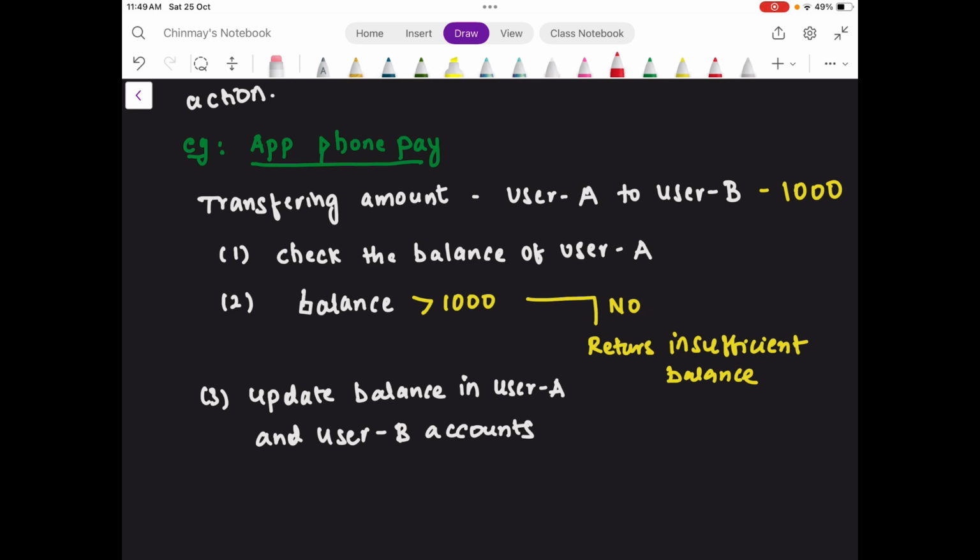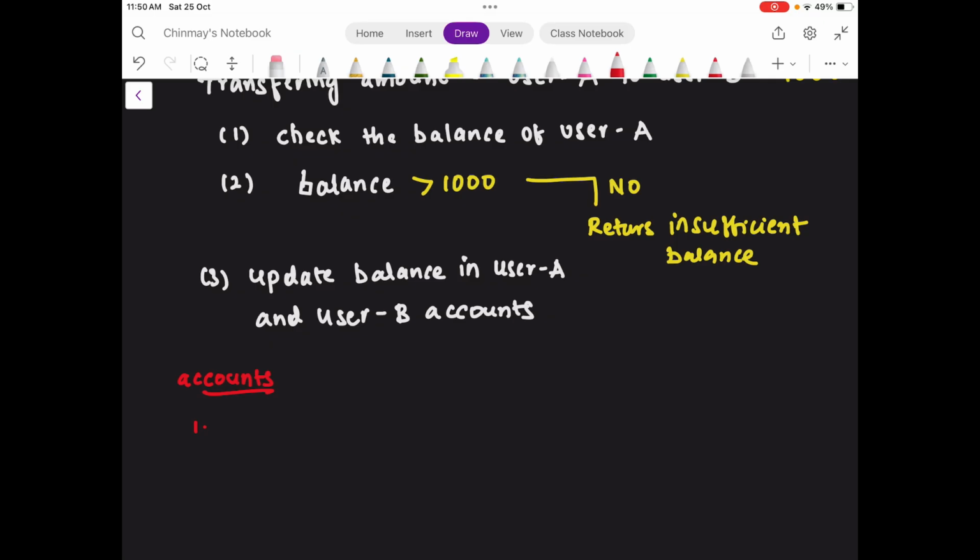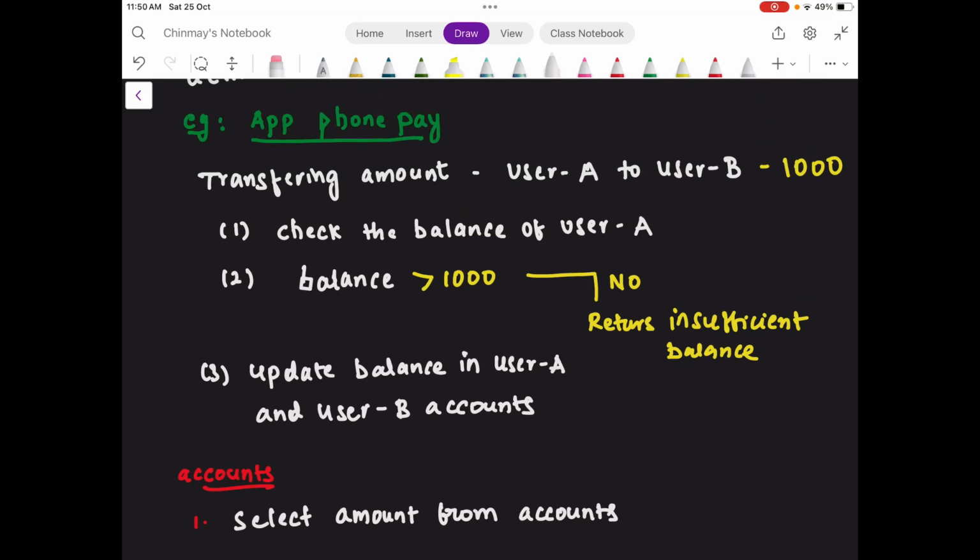Now, what are the queries involved here? For example, we have an accounts table. First, we need to check the balance. What is the query performed? Select amount from accounts. Let's assume that user A's account number is 1 and user B's account number is 2.